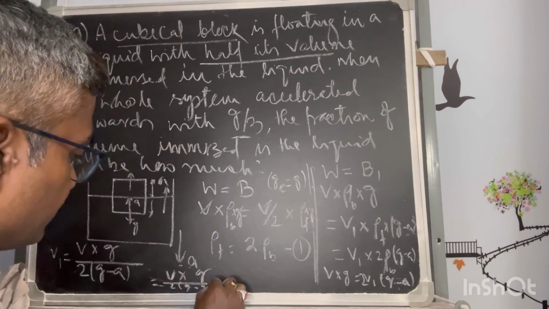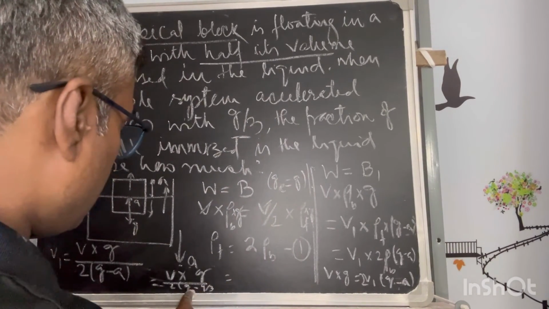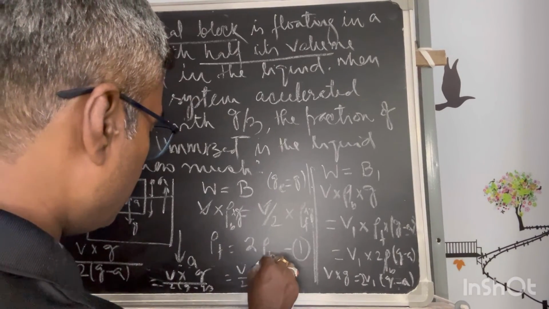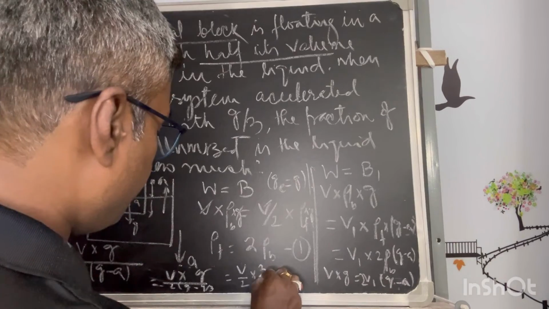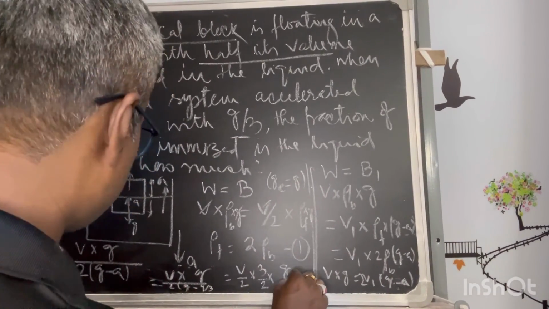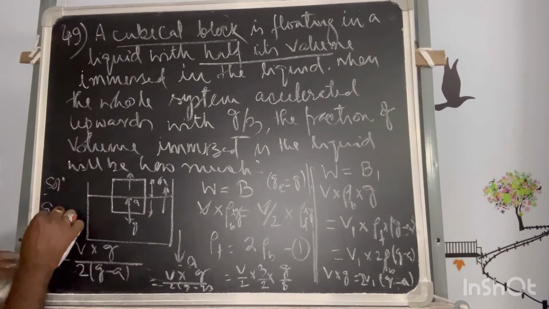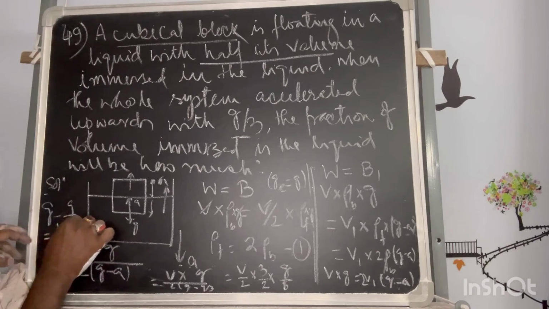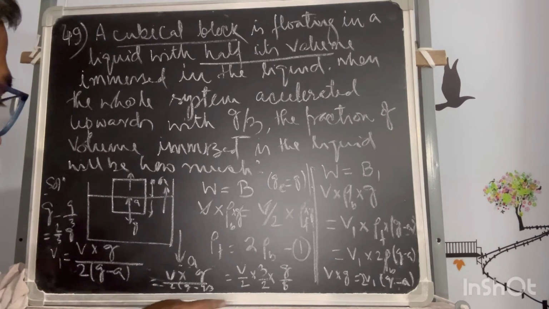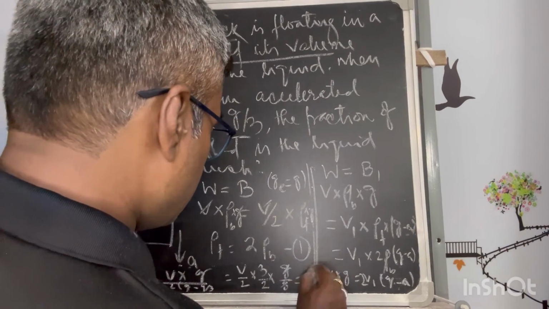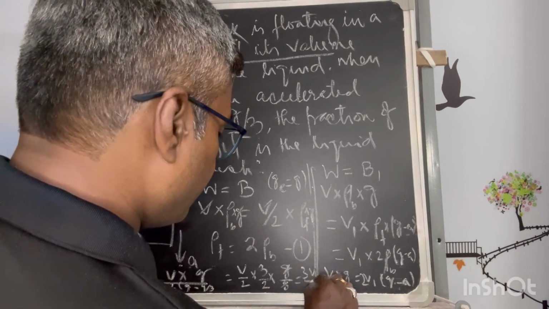Then g minus g by 3 is 2 by 3 g, and 2 by 3 goes up, so g is cancelled out, and V1 will be 3V by 4.